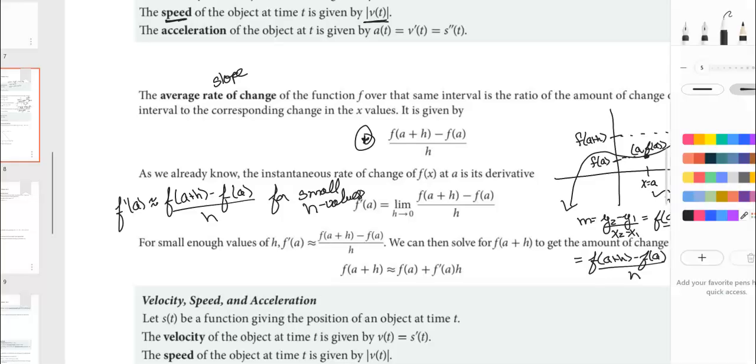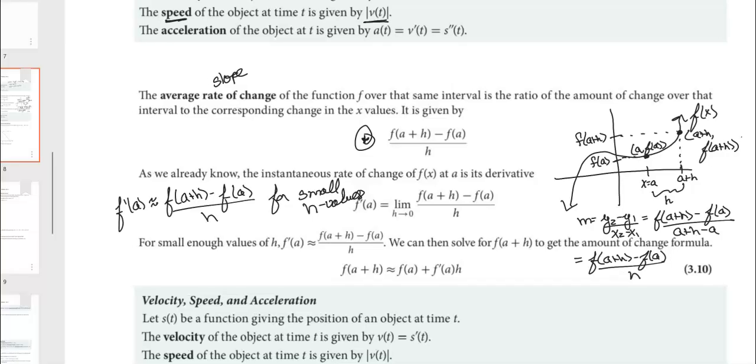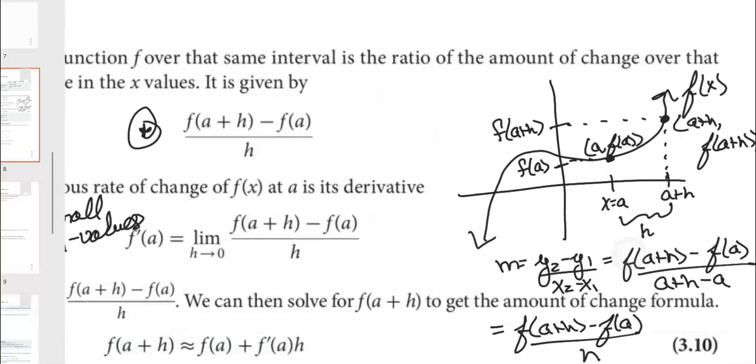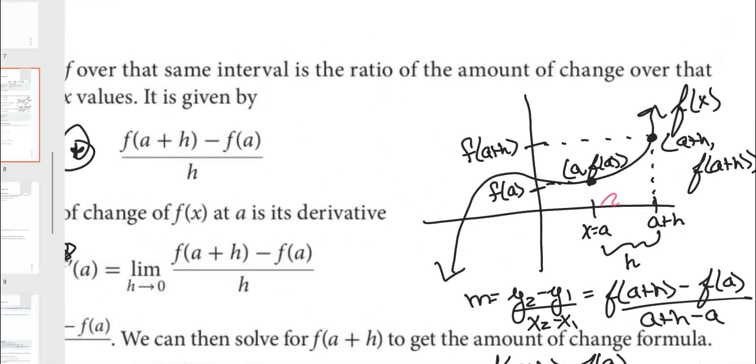So to show this, let's say our h value, and I'm going to zoom in on my little picture here. Let's say my h value was really small. Now, would you agree that that slope here is pretty steep, we would say?